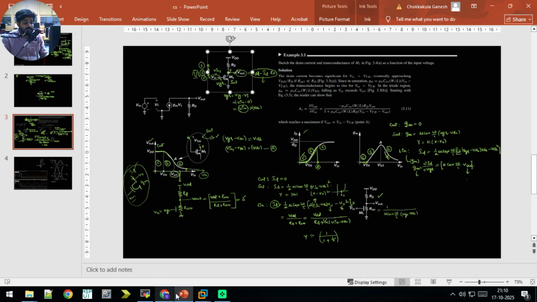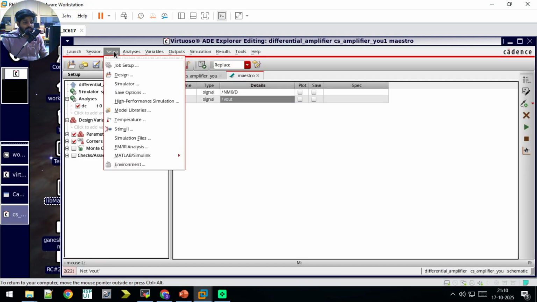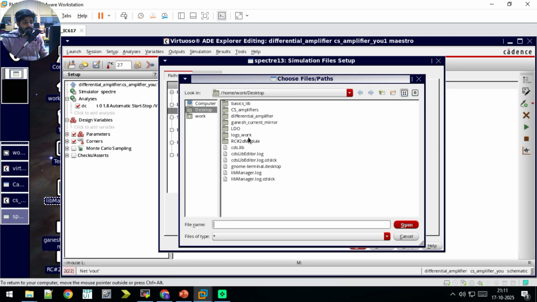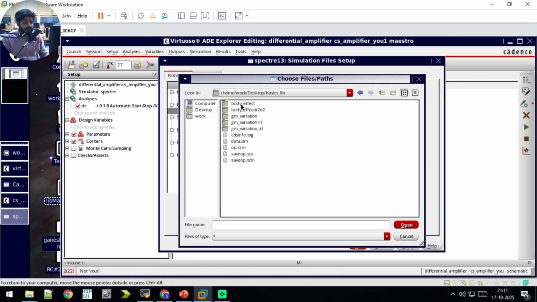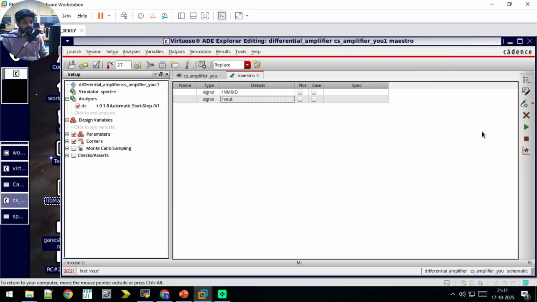For that we discussed the procedure in the last session: we have to go to the setup, take the simulator files, select the definition file, and, as the simulation is in this folder, select the saved OP operating point SES file, right? So make sure in the SES file, the name of the transistor is the same name with which we do the simulation.